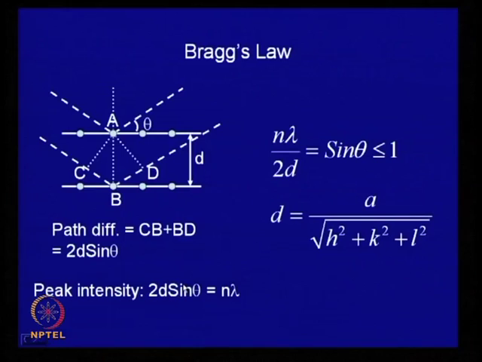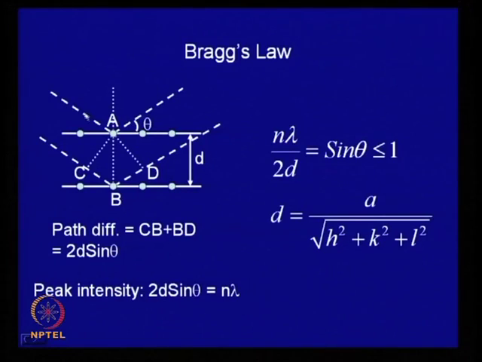Now, X-rays are electromagnetic radiations, they have very small wavelength, and now imagine that X-ray is incident on a crystal which is represented over here as a regular array of atoms represented by these points, and these are two crystallographic planes.